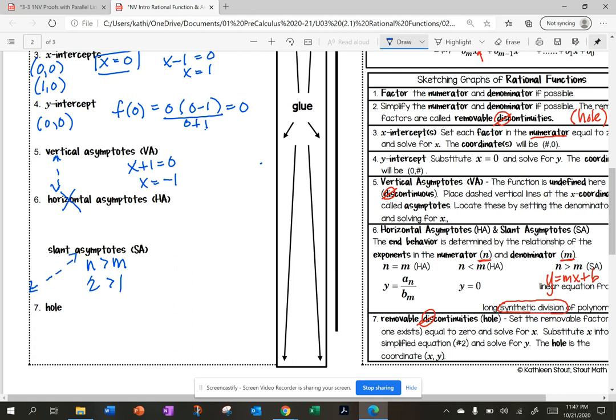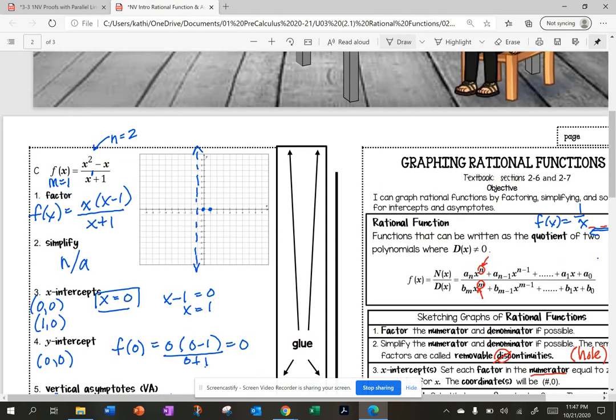So this is where I'm going to use synthetic division to find where my line is. So in my equation up above, I have a missing term.